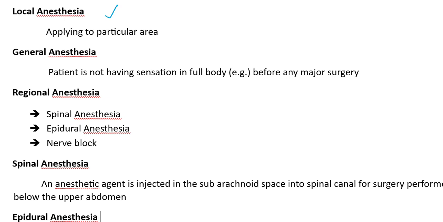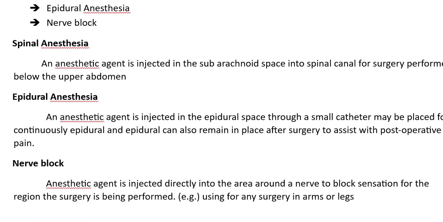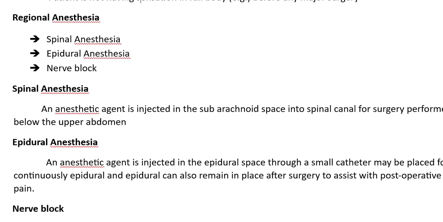So next, regional anesthesia. Regional anesthesia is again divided into three types: spinal anesthesia, epidural anesthesia, and nerve block.